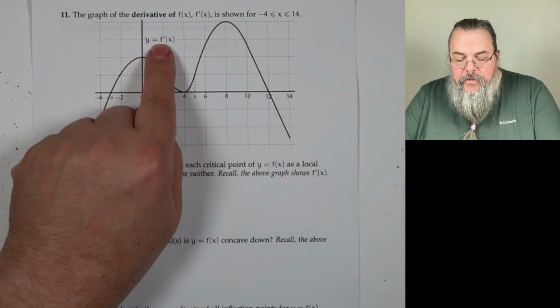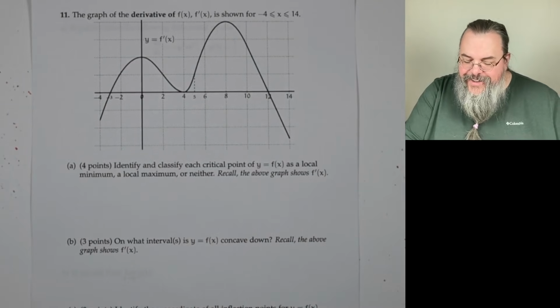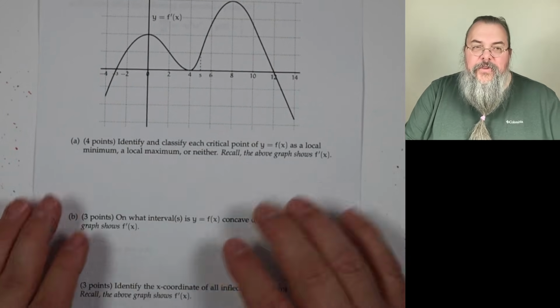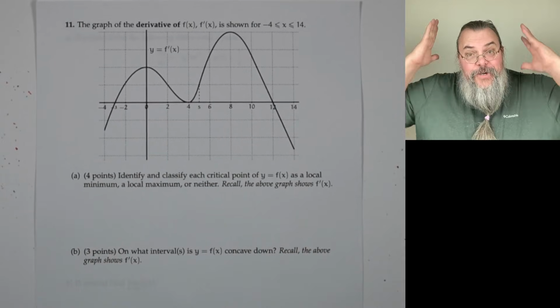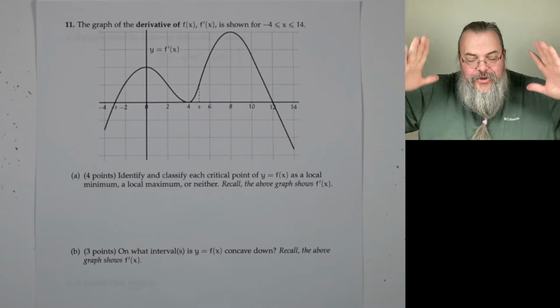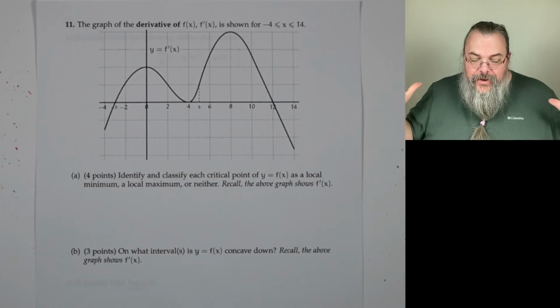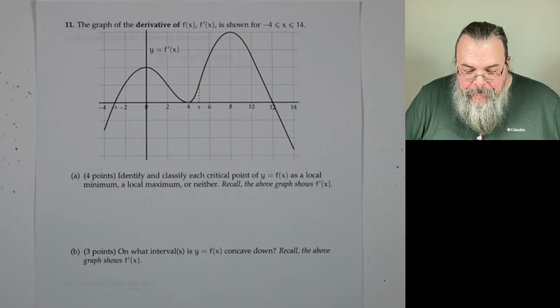Here we're told y equals f prime of x. And each one of these says, recall that the graph above is f prime of x. There's 3 of them, it's so small it goes off the screen here. So they really are trying to remind us this is f prime. Okay, so with that in mind, we're ready.